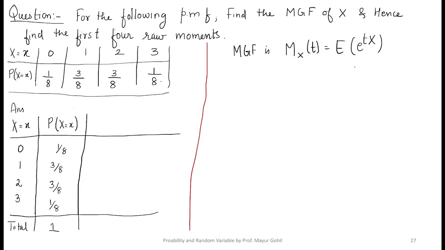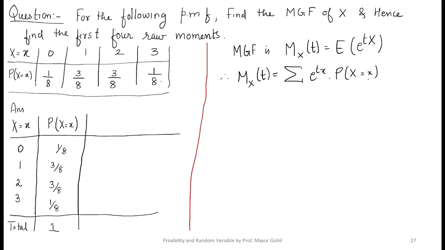This is the main definition of MGF. Therefore Mx(t) in our case, because x is a discrete random variable, is the summation of e to the power tx times probability of X equal to x.